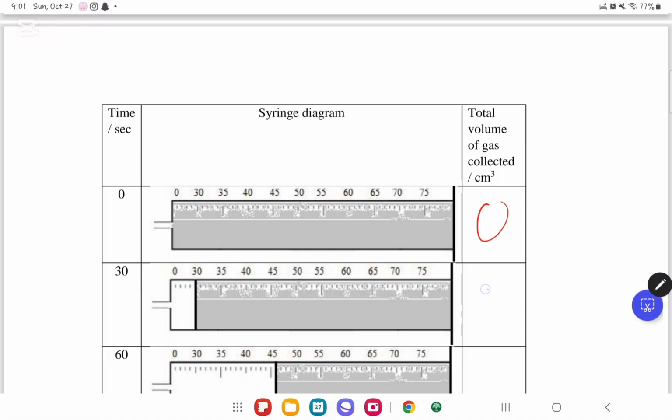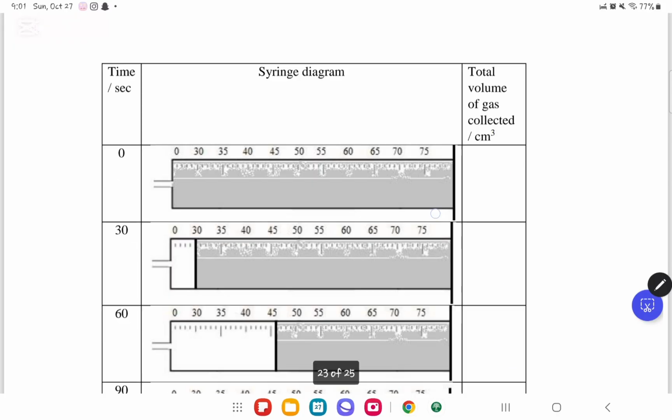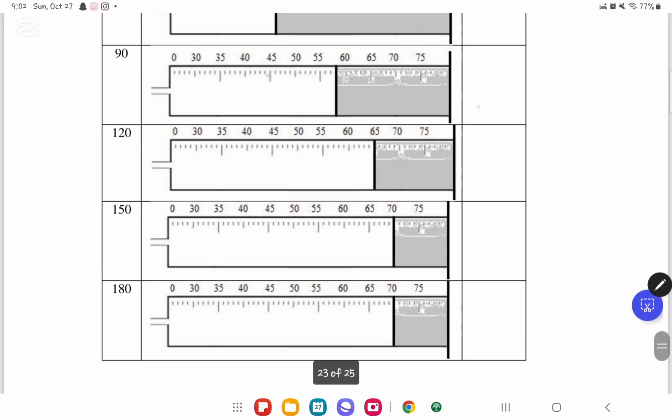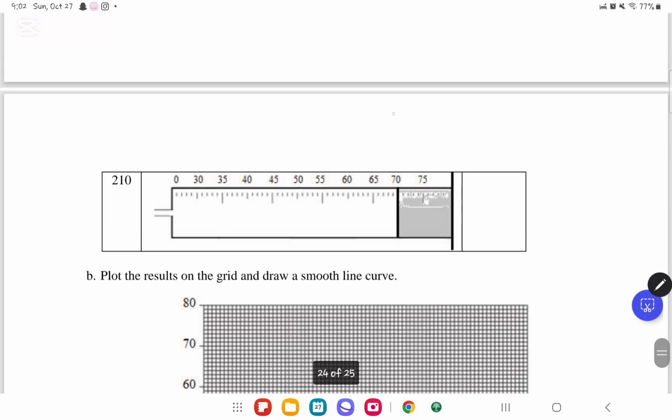Here is 30, here is 46 centimeter cubed. Then here it is 59, I think. Then over here is 65, over here is 70, and then 70 again, and over here again it is 70.